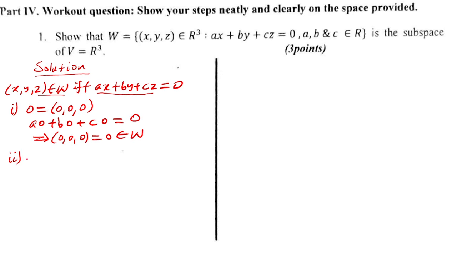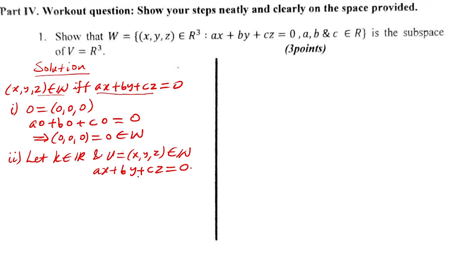The second one, let k be an element of the real numbers, the scalar, and u, which is x, y, z, an element of W. u is an element of W implies ax plus by plus cz is equal to 0.